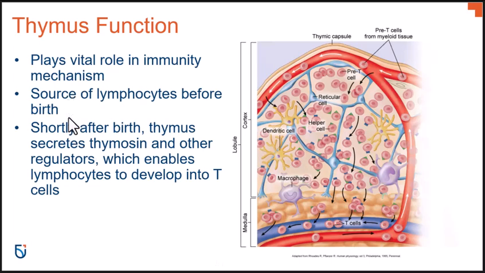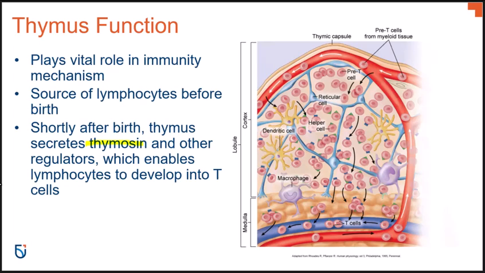The thymus performs at least two important functions. First, it serves as the final site of lymphocyte development before birth. So immature lymphocytes will migrate here and mature. The second main function is that shortly after birth, the thymus begins secreting a group of hormones that are collectively called thymosins.